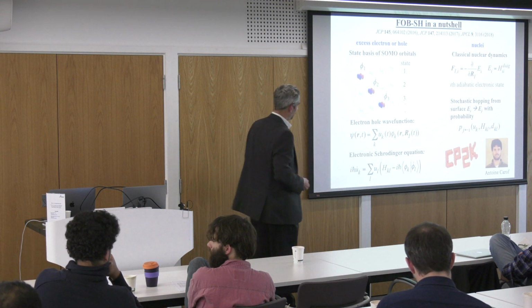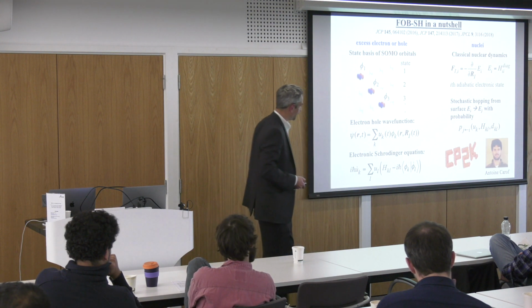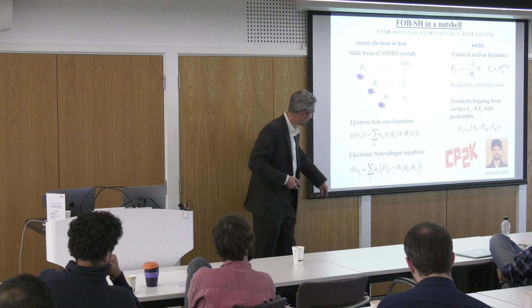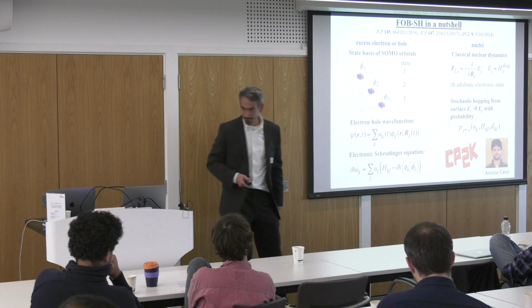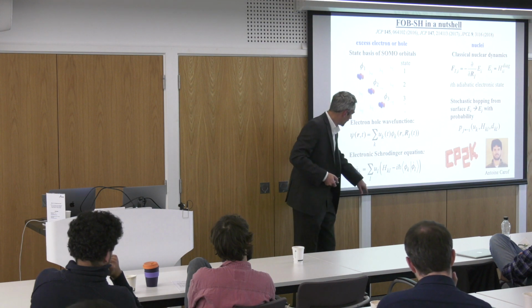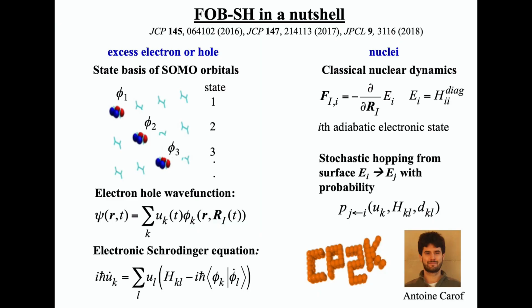Okay. Now, if you insert this into the time-dependent Schrodinger equation, then you just get the usual equation for the time propagation of the expansion coefficients here. And on the right-hand side is just the electronic Hamiltonian matrix elements. And important, this is a quantity that we haven't seen before here. These are the non-adiabatic coupling elements.